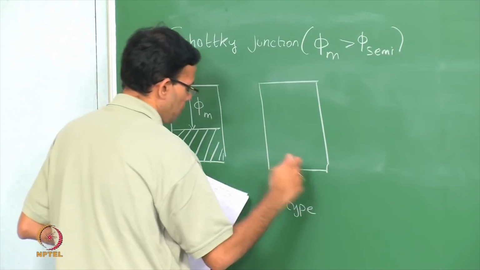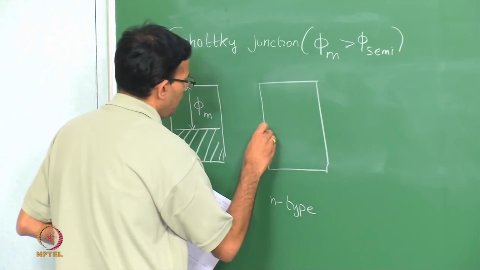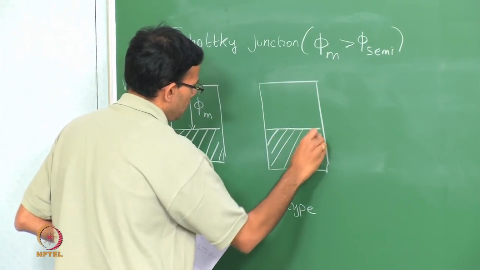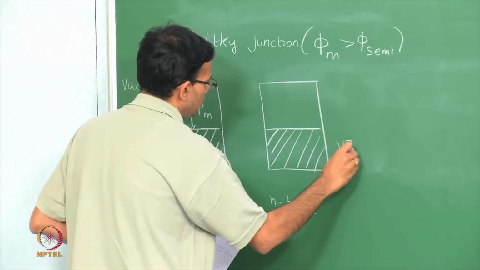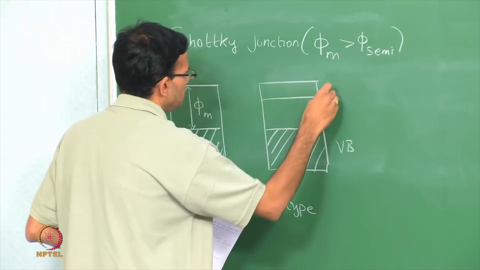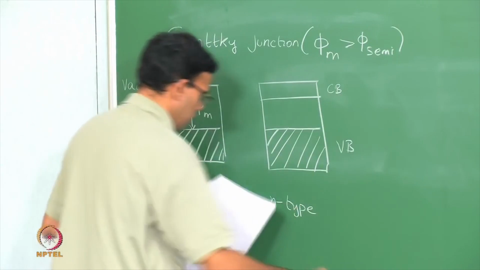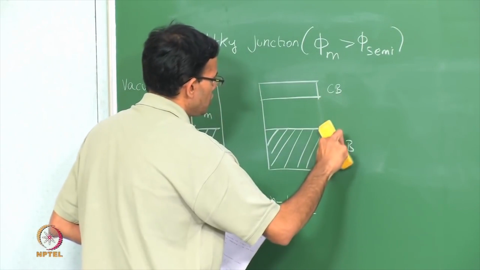In the case of a semiconductor, we know we have a valence band, a conduction band, and there is a band gap.